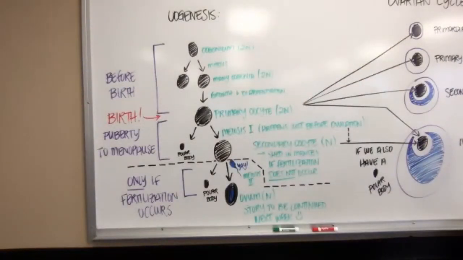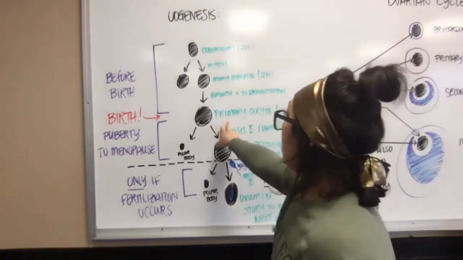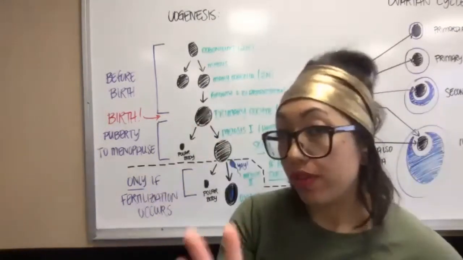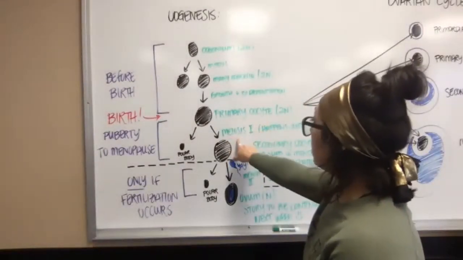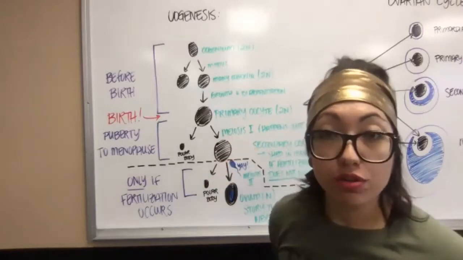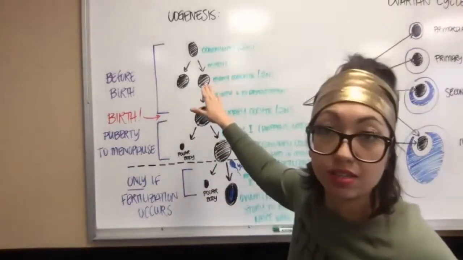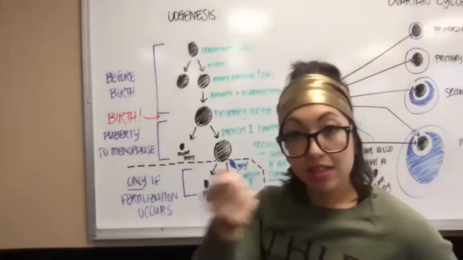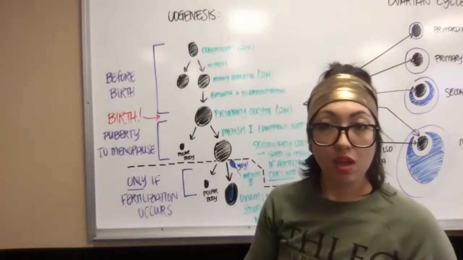When that starts, or right before that starts, I should say, this primary oocyte is going to go through meiosis 1. Ooh, okay, so we've been saying mitosis. Remember, mitosis is just taking it to the copy machine, getting an exact copy, right?